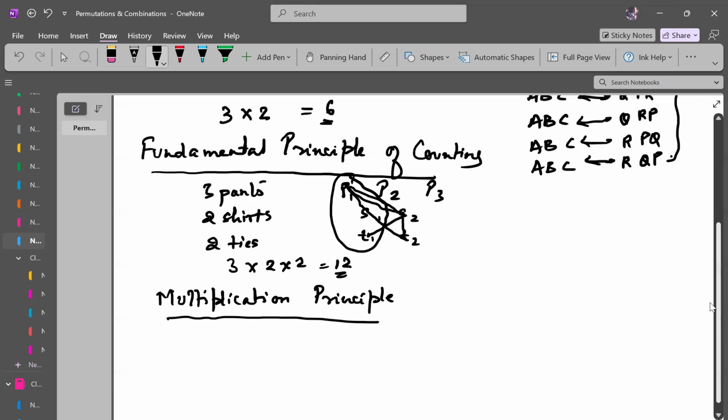Did you note down? You should keep in mind that for whatever you have written just now, there are two conditions. Condition number one: this is possible for finite events. Second, when no value is to be repeated.